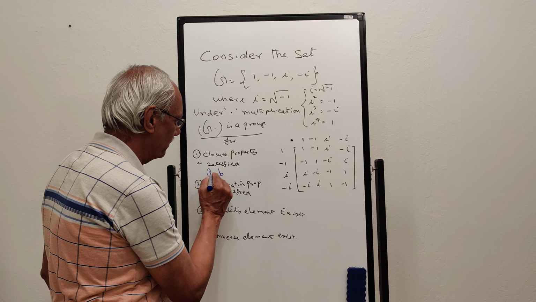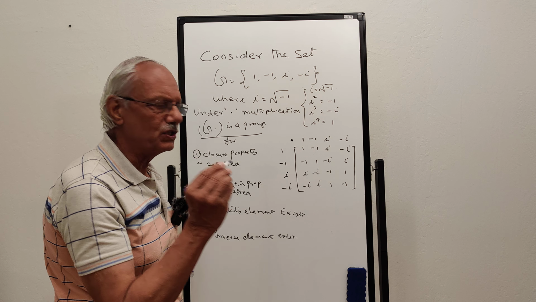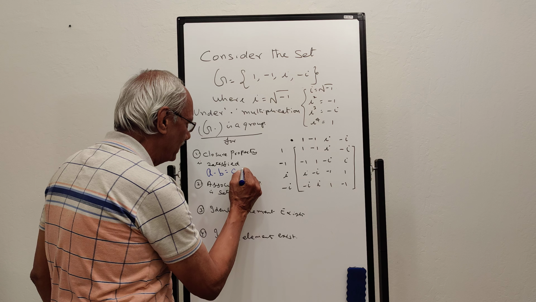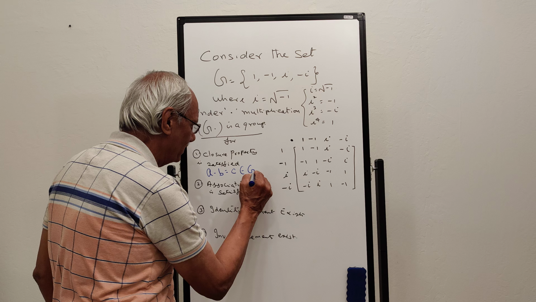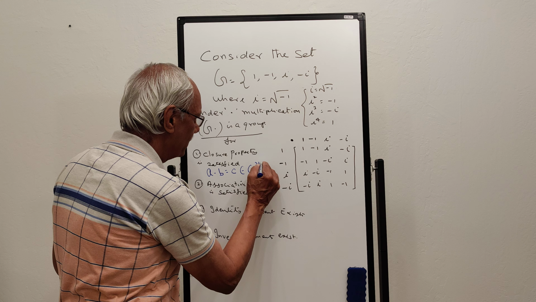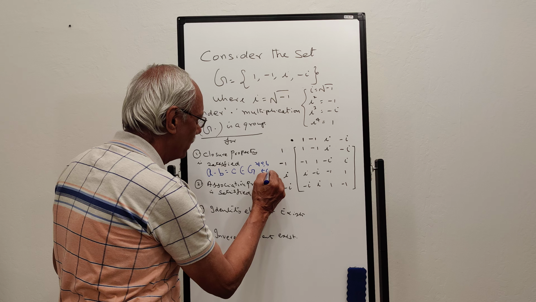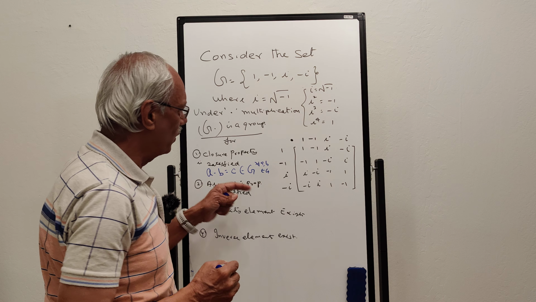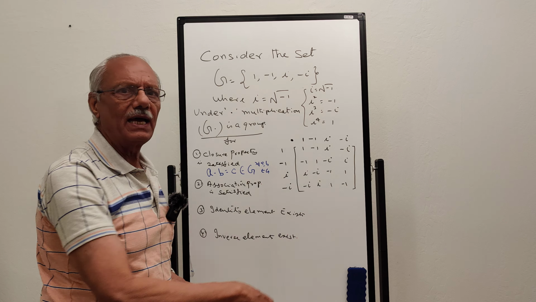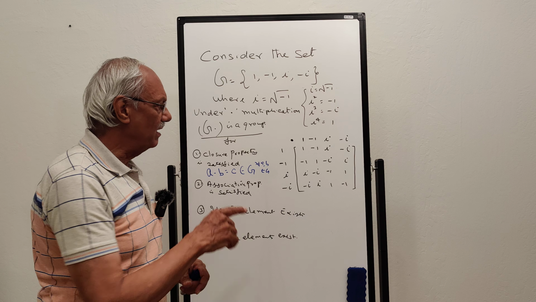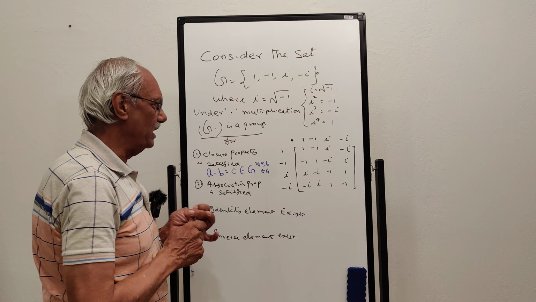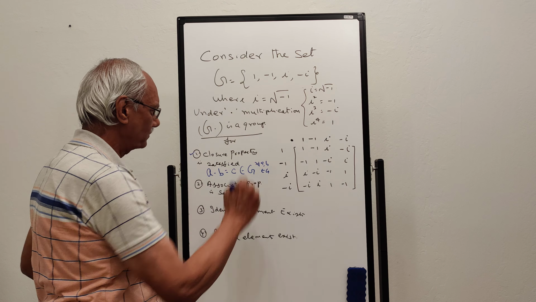The dot operation is nothing but ordinary multiplication, and a dot b is equal to another element c, which lies in the set G. This is true for all a, b belonging to G. So this is true for any elements you take. When you multiply, the result lies in the same set, and therefore the closure property is satisfied. That is point number 1.